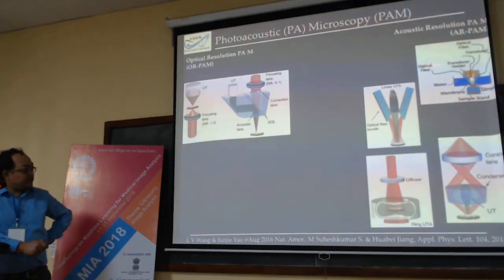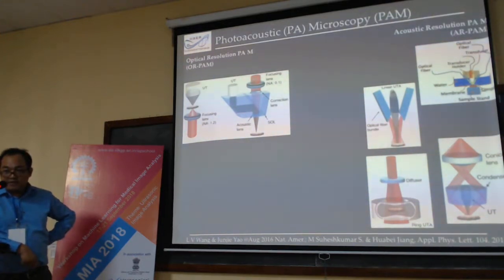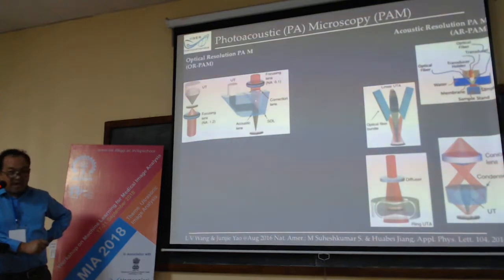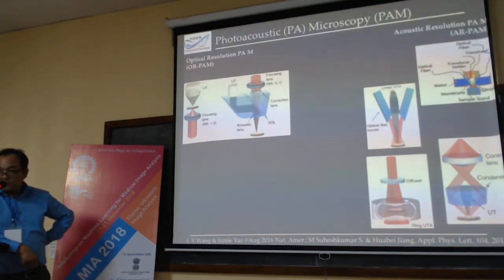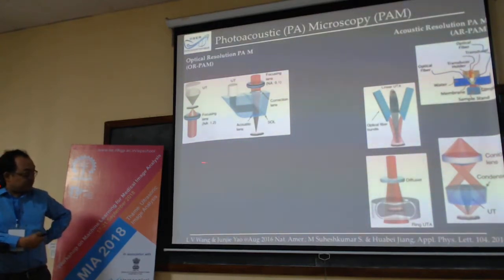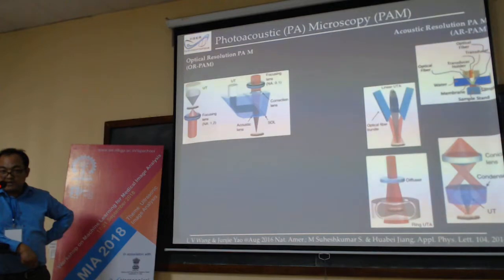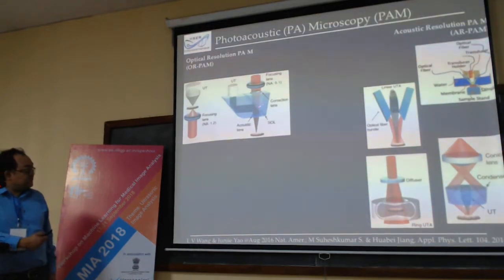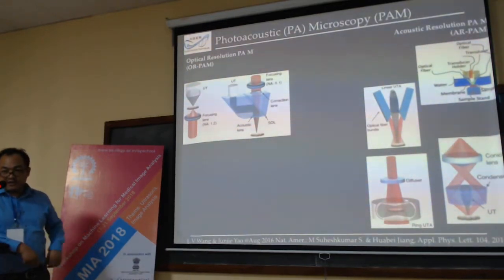Instead, what if we focus the light for illumination, such that the focal spot size of the light is smaller than the focal spot size of the transducer? Then the lateral resolution, the resolution along this direction, would be characterized by the intersection of the focal spots of the transducer and the light, so as this is smaller, it can be characterized.